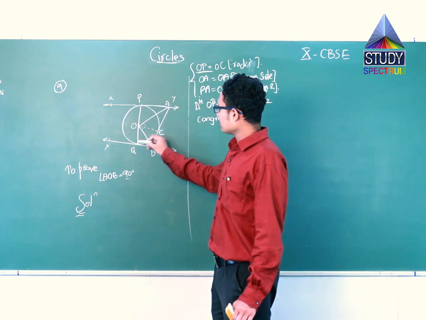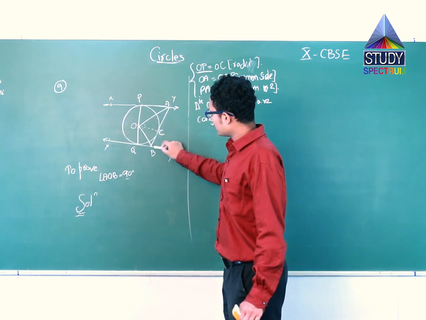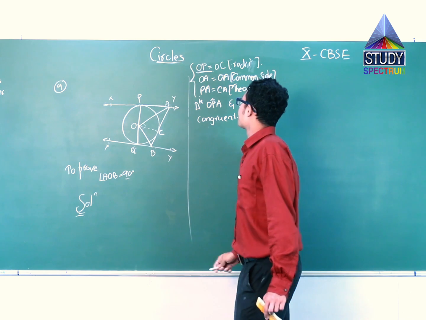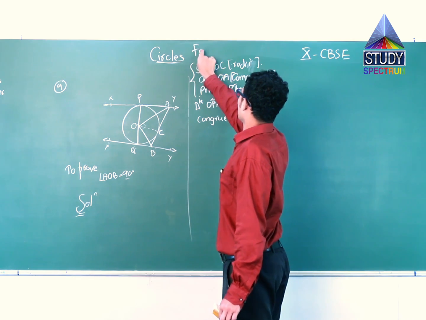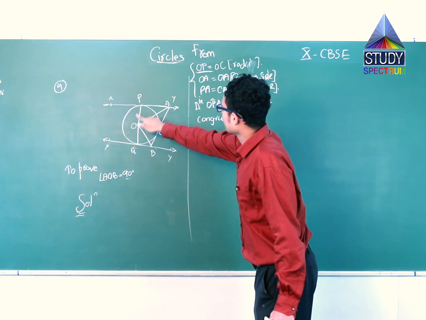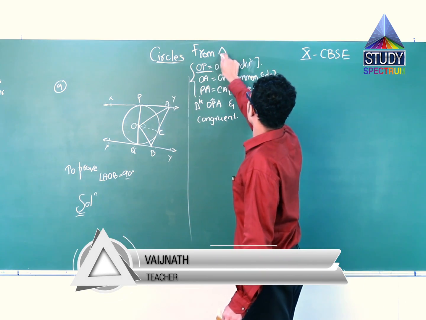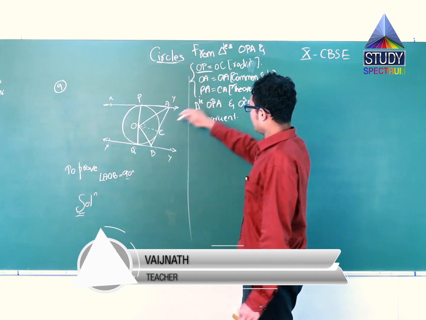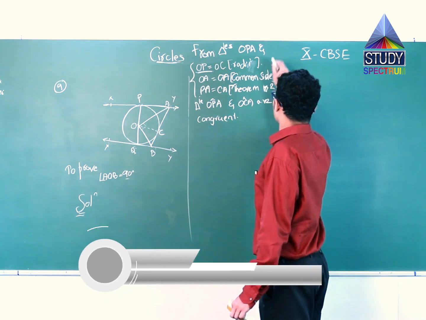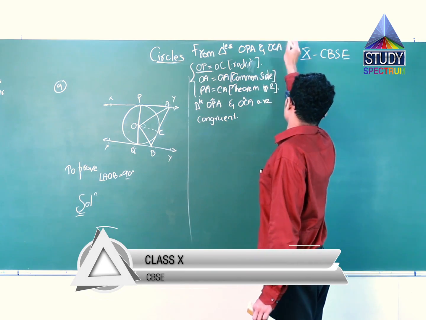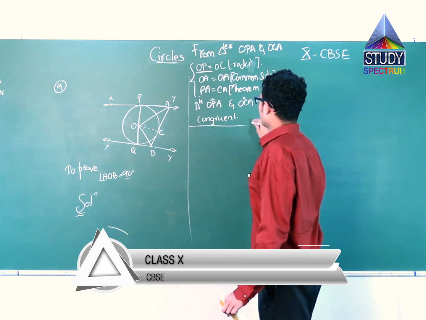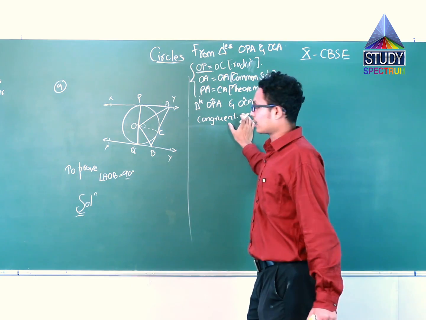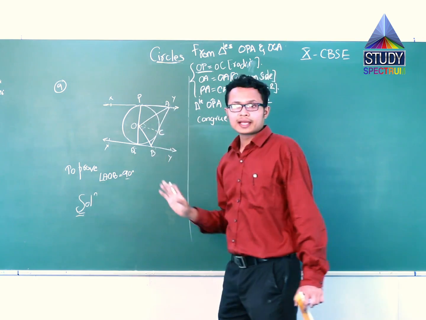Similarly, in quadrilateral OQBCO, I have two triangles, OQB and OCB. From triangles OPA and OCA, I have proved that they are congruent. So what else can I write from this proof? I can also write that corresponding angles should be equal.